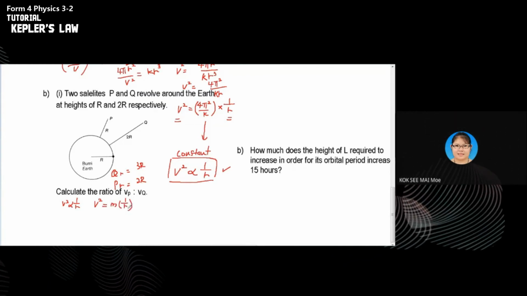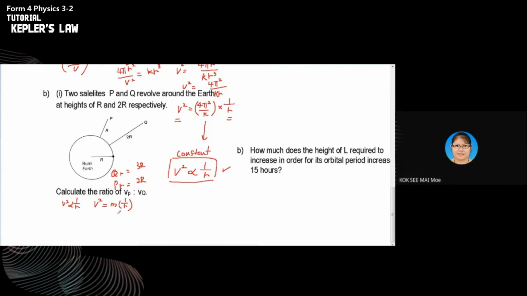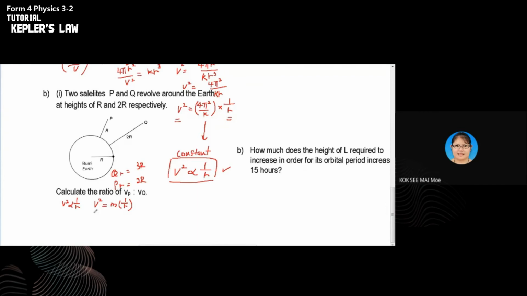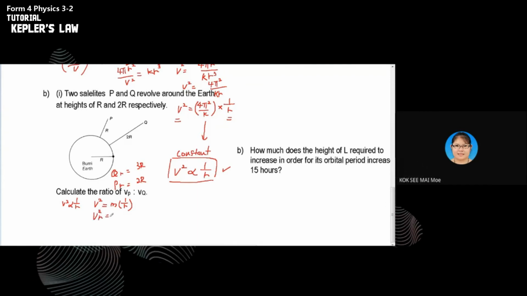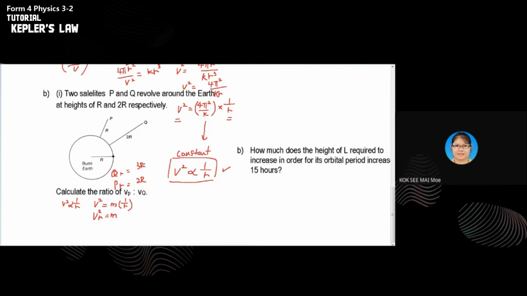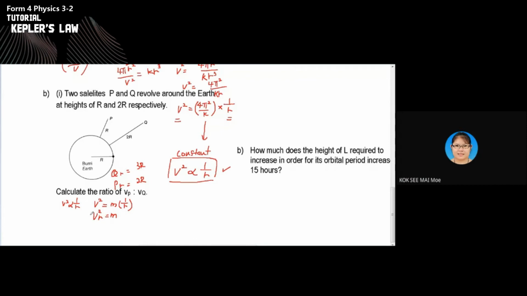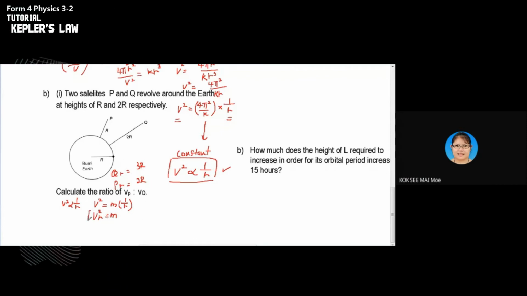That means gradient. Okay, like this. So if I move the R here, so gradient V square R. Now this one is case number 1.